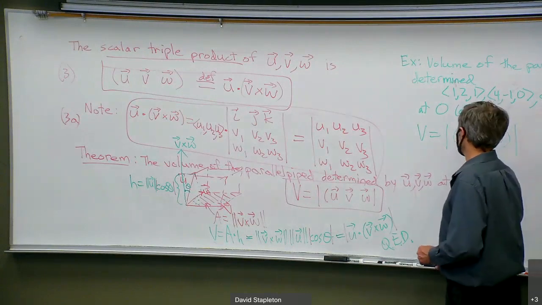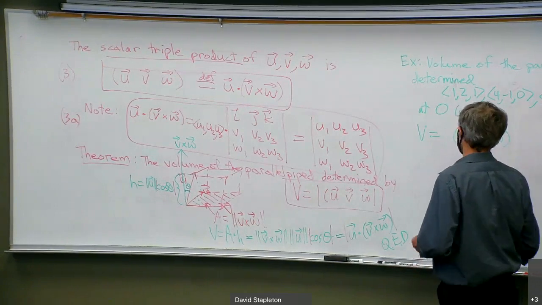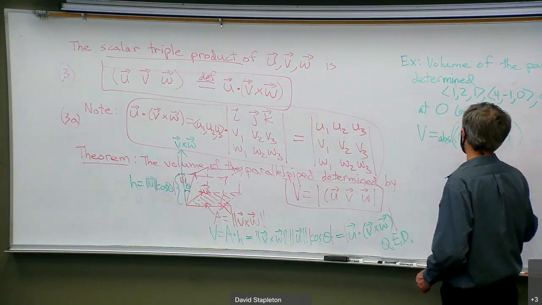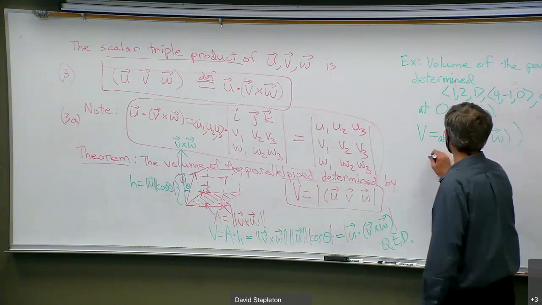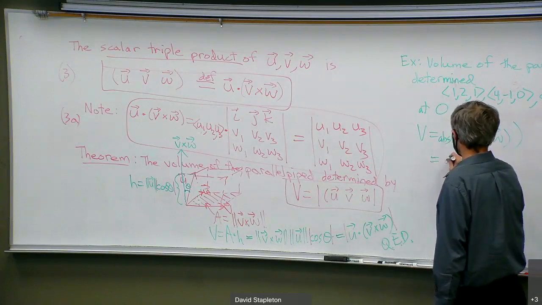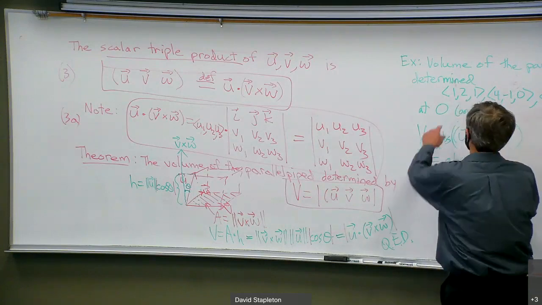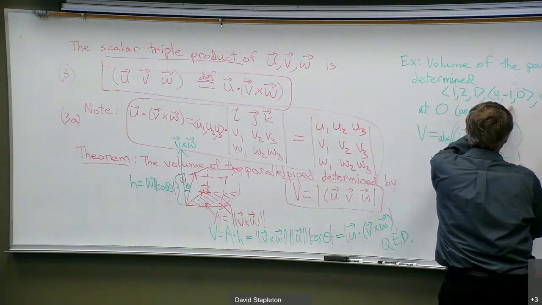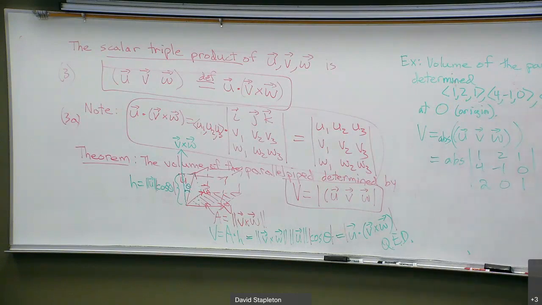So maybe I'll change my notation here, and instead of writing straight bars for absolute value, I'll say ABS for absolute value. That's what's used in computer programming. So this is the absolute value of the determinant, gotten by putting these all into a matrix, just in order, right? 1, 2, 1, 4, -1, 0, 2, 0, 1. All I have to do is take the absolute value of that determinant.